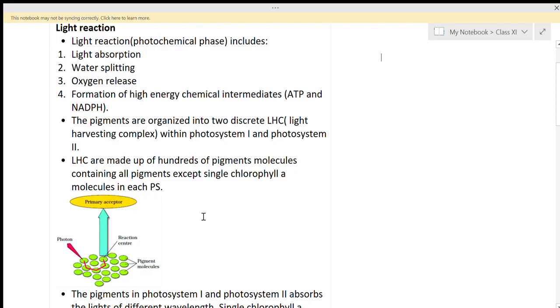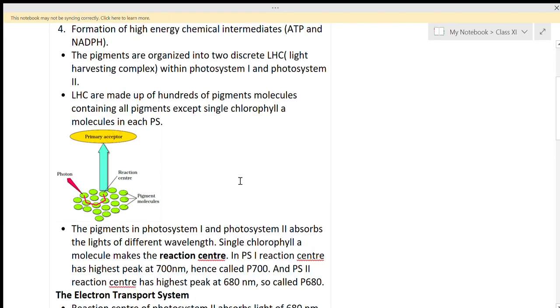The light harvesting complex is made up of hundreds of pigment molecules, containing all pigments except a single chlorophyll A molecule in each photosystem.